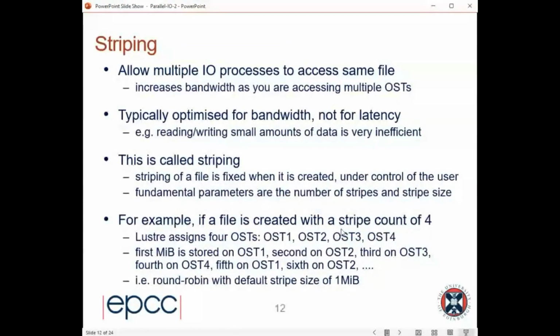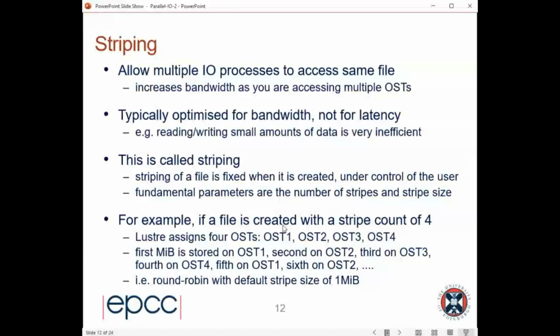If you create a file with a stripe count of 4, you can tell Lustre, I would like this file to be created and stored on 4 disks. That's called a stripe count of 4. Lustre will assign 4 OSTs, say OST 1, 2, 3, and 4. It's not that the first quarter of the file is stored on OST 1, the second quarter on OST 2.